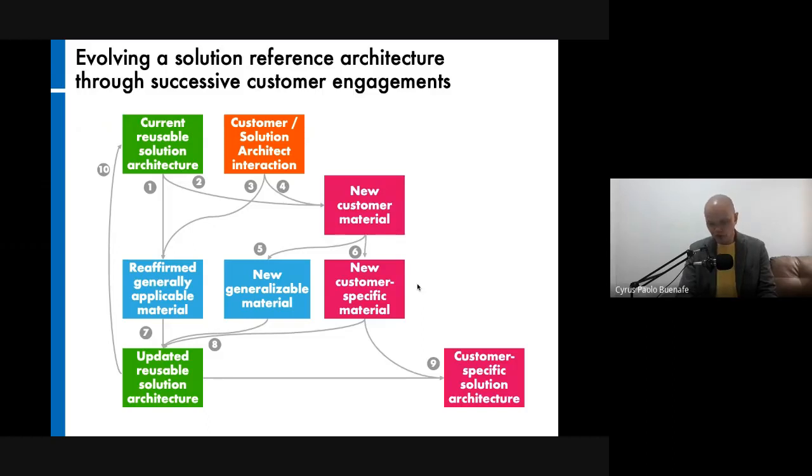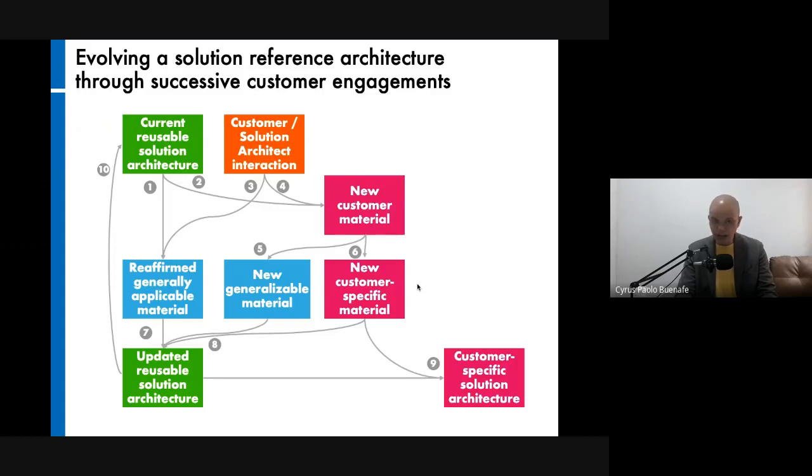So every time we have new customers, we try to find out what is generalizable and what is customer specific. What is generalizable, we use to update our solution architecture. What is customer specific, we still put in some database, right? We want to make sure that there's going to be a customer specific solution architecture.